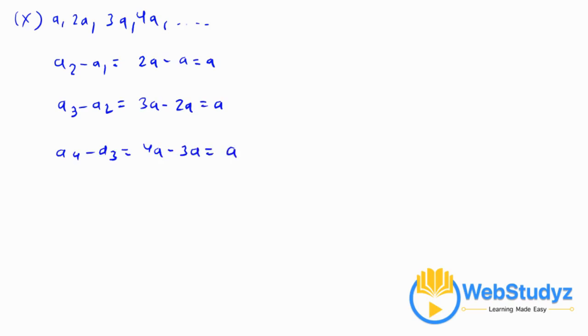Here the common difference, which is A2 minus A1, will be 2A minus A, which is A. Again A3 minus A2 will be 3A minus 2A, which is A, and A4 minus A3 will be 4A minus 3A, which is again A. That means we can say D is the same everywhere. That means the given series are in AP.